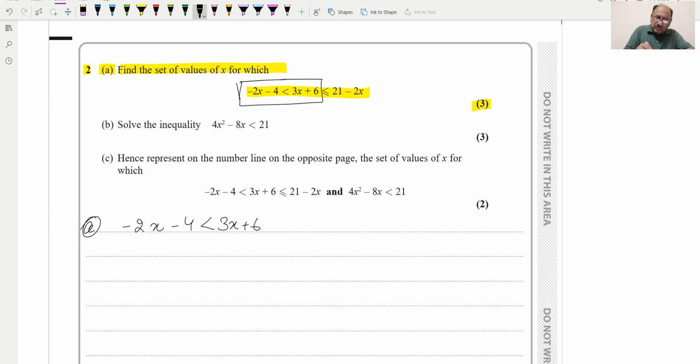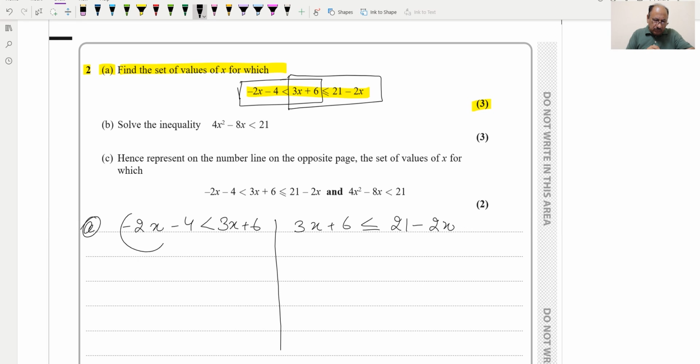The second part will be 3x plus 6 is less than or equal to 21 minus 2x, and we will solve them.